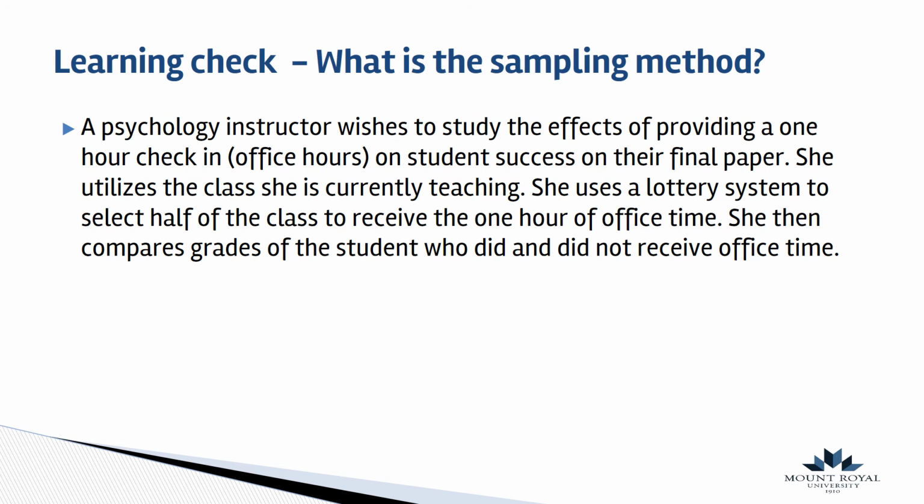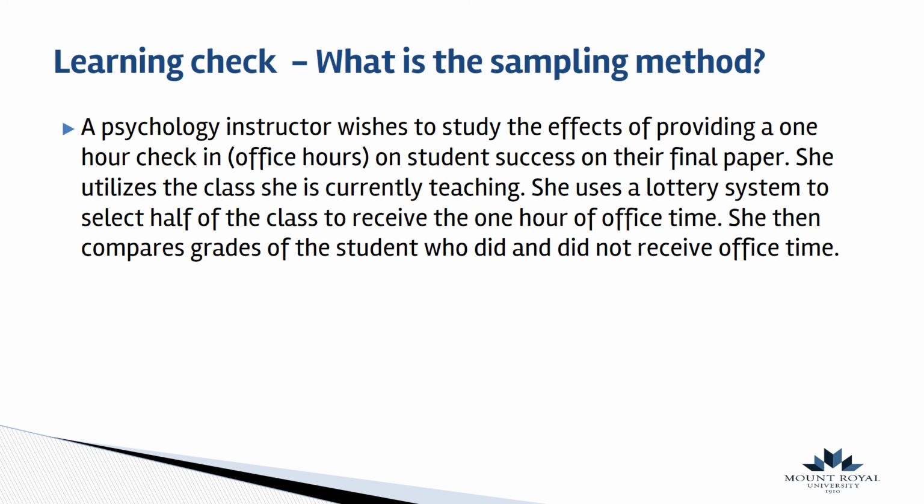A psychology instructor wished to study the effects of providing a 1-hour check-in or 1-hour office time with students to determine if that impacted student success on their final paper. And she utilizes the class she is currently teaching. She uses a lottery system to select half of the class to receive the 1 hour of office time. She then compares the grades of the students who did and did not receive the office time.